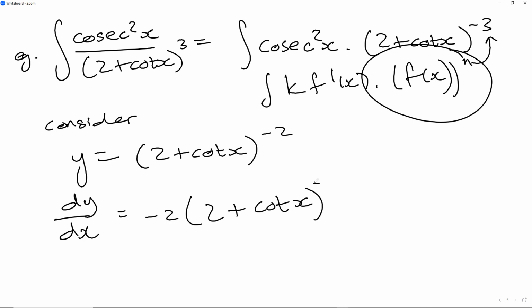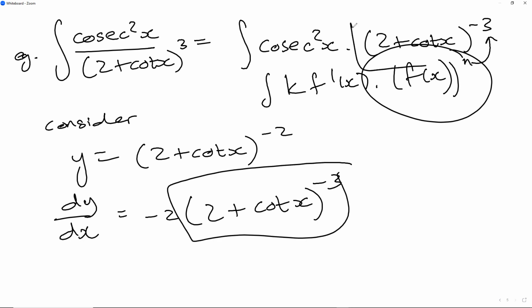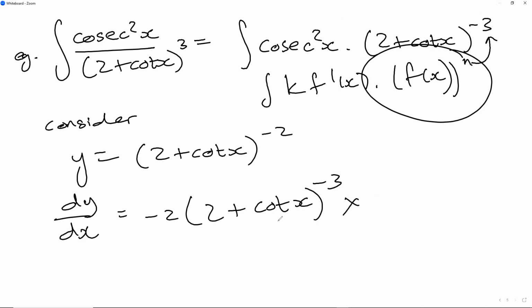So minus 2 minus 1 is minus 3, taking me back to where I need to be, multiplying by the derivative of the inside, which is cosec squared x, gets me the following. So therefore, after considering that, I know that I have to include this constant somewhere along the line. And if I rewrite this, it looks exactly like that, except I've got this negative 2 there. Oh yeah, this is supposed to be negative cosec squared, so that will be positive afterwards.